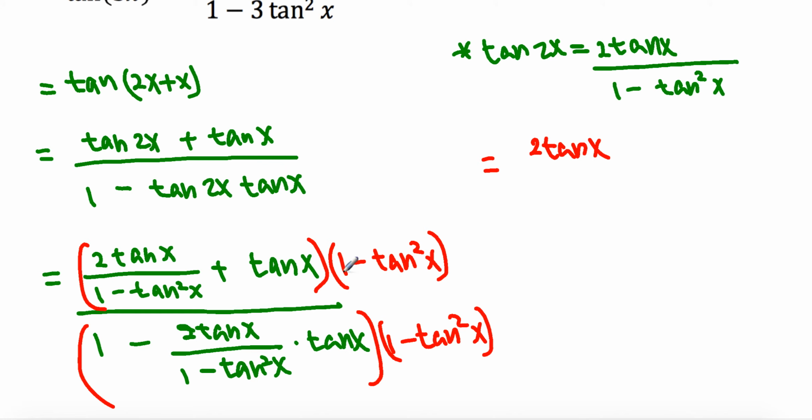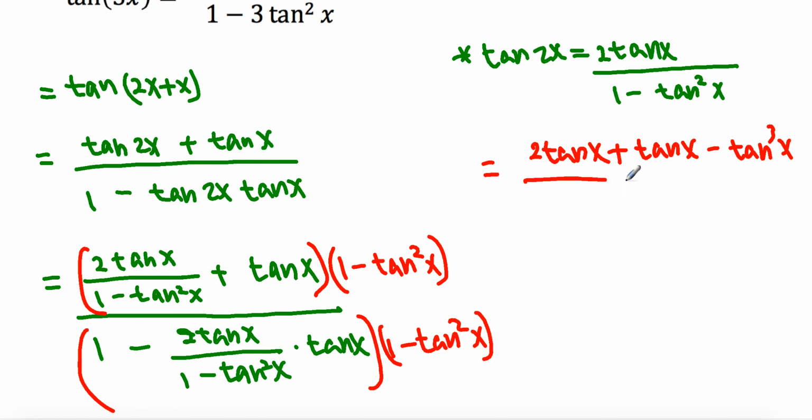But tangent of x is multiplied to this one, then we get plus tangent of x, but tangent of x times negative tangent square, so we get negative tangent cube of x.